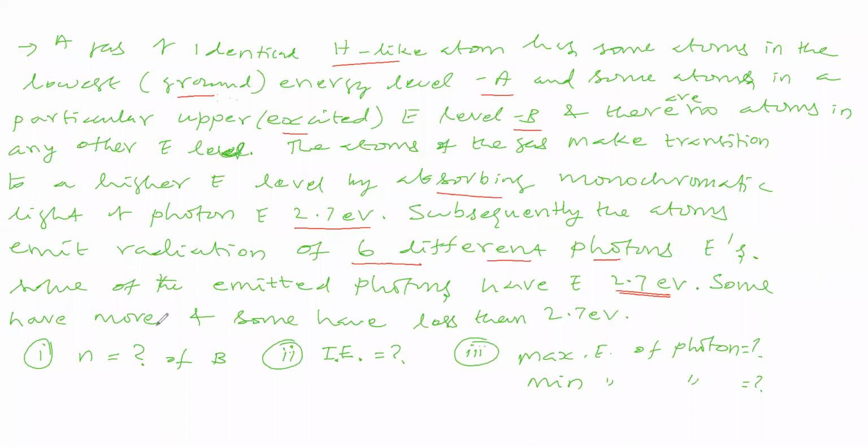Some have more. We already said there are two levels, A level and B level.